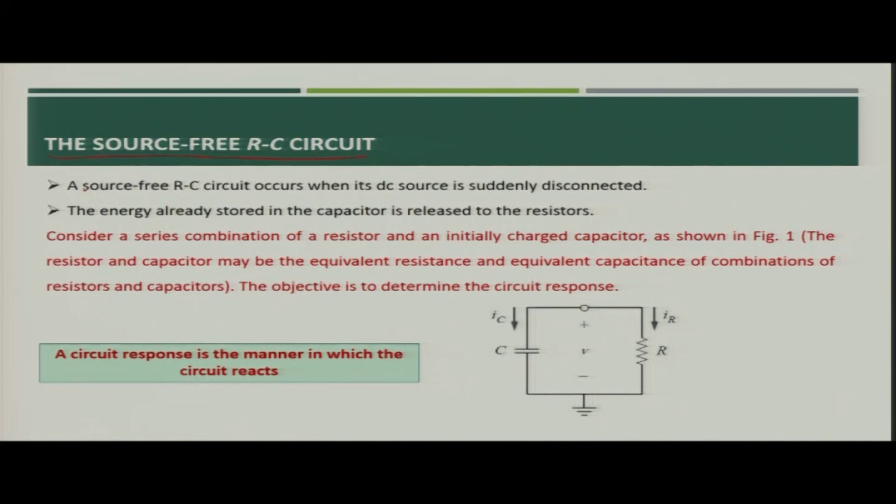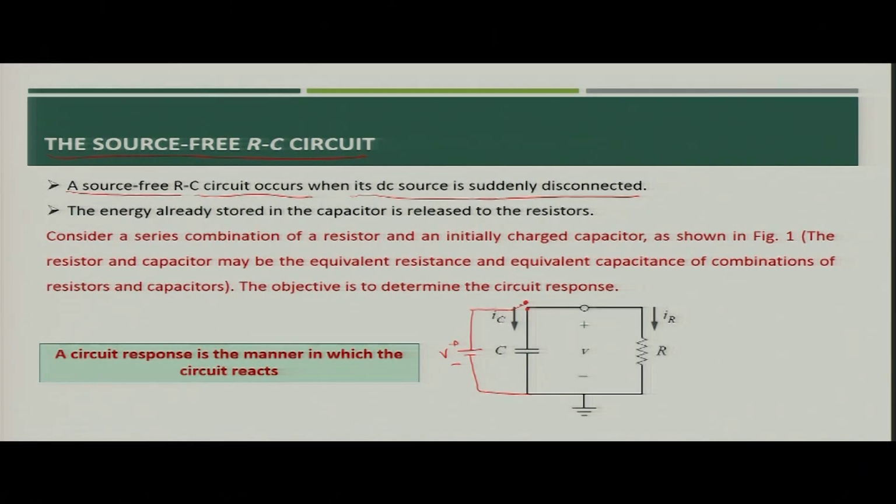So, how can we realize it? The source free RC circuit will occur when a DC source is suddenly disconnected. Suppose you have a voltage source, say some voltage V, connected through a switch.